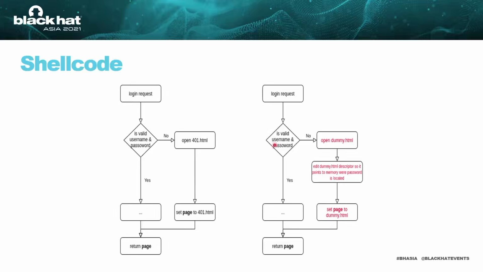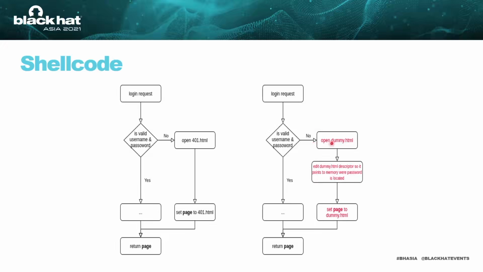Here we have the exploit, and instead of simply opening and returning that HTML page, we'll modify the behavior so that the HTML page actually would point to some address in memory that we know the password is at.